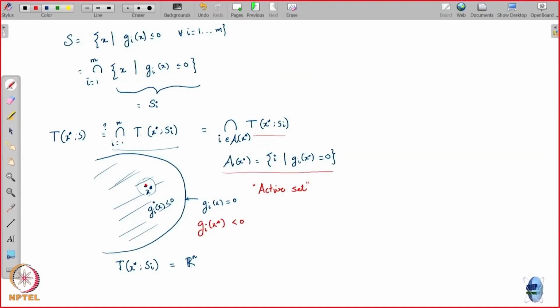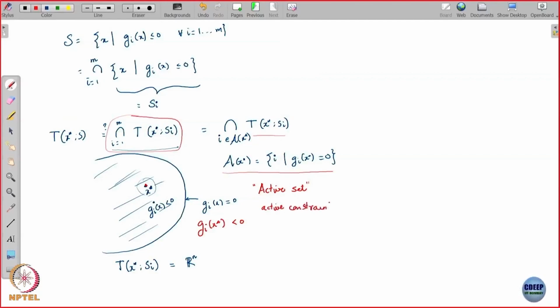That is why, when I look at this intersection here, the i's for which g i of x star is strictly less than 0 will not count in this intersection, because they are all Rn. So what will remain is only the i's for which g i of x star is exactly equal to 0. The set of such i's is called the active set, and the i's are themselves called the active constraints.